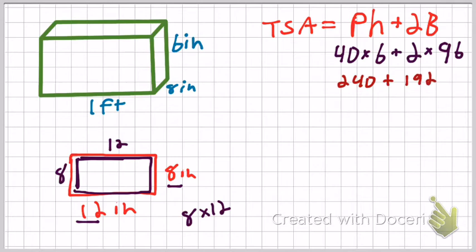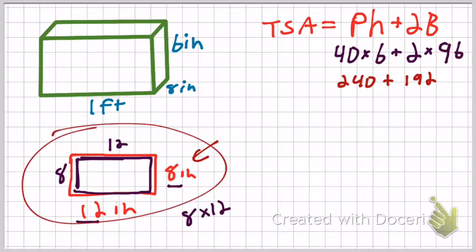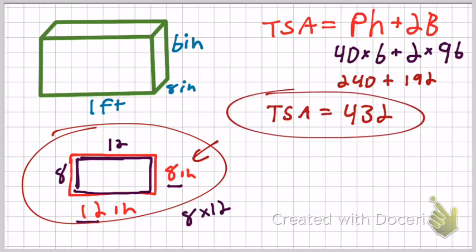Wait, I thought 6 was the height. It is. And why did you want 8? I'm looking at that was the area of the base. So we're just looking at the base there. All right, so that would be 432, I believe? 432. That would be the total surface area.